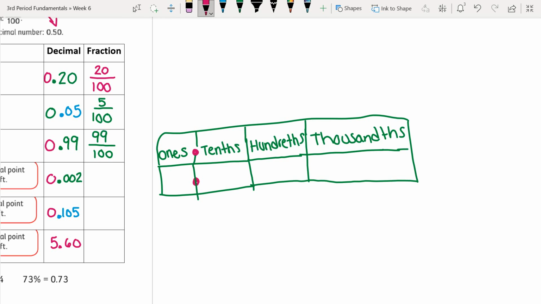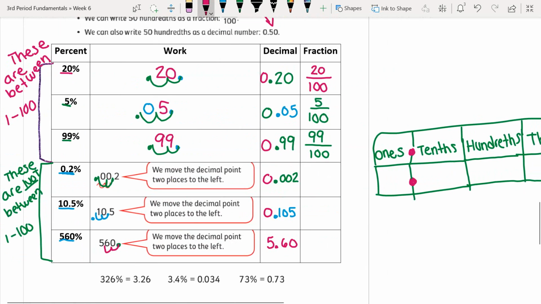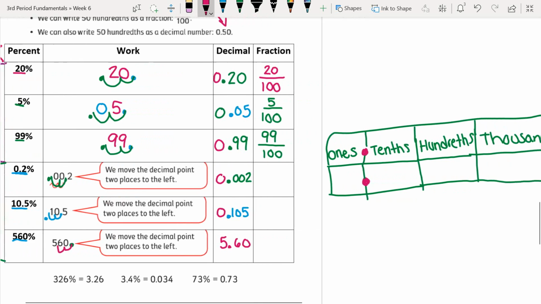So I just kind of want to review this because when we have a percent that is not between 1 and 100, like these last 3, then when we write our fraction, we need to be mindful of the spots that we are at. Meaning, where are numbers actually?